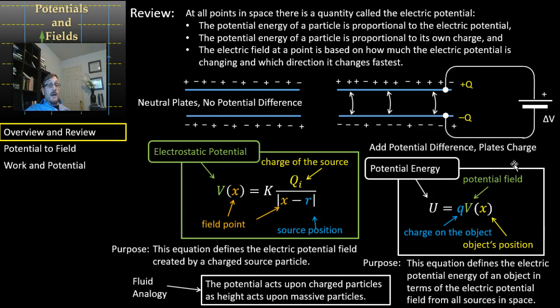that's basically going to be the same as putting a battery on two plates and having a potential delta V. This battery pulls out the positive charge and pushes it down here onto the positive plate.